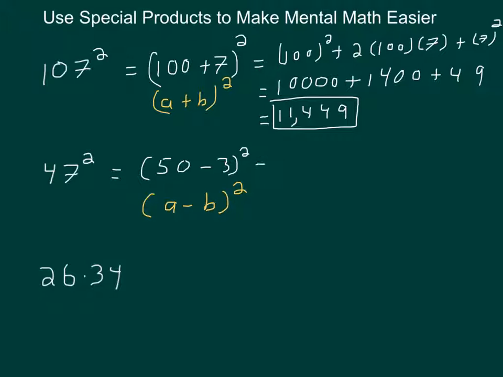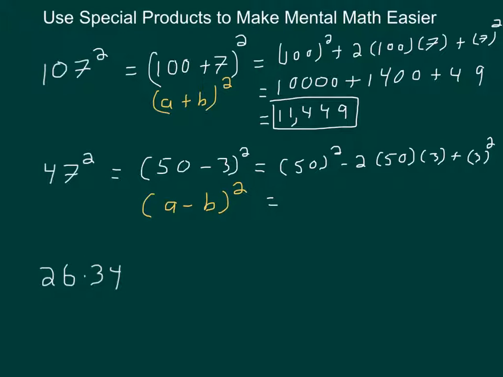Now, going into my formula, I would just make this 50 squared minus 2 times 50 times 3 plus 3 squared.